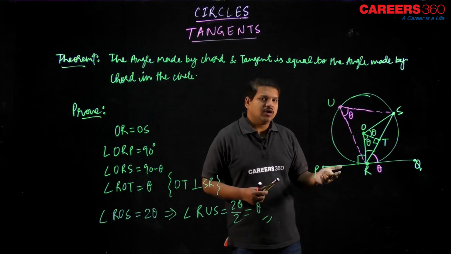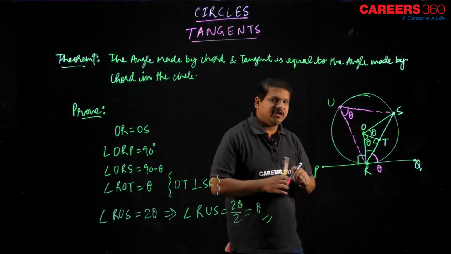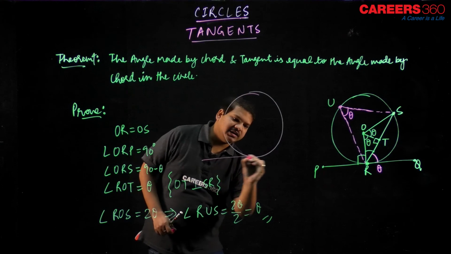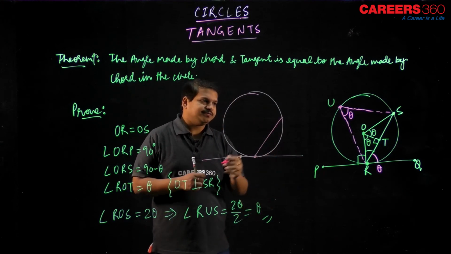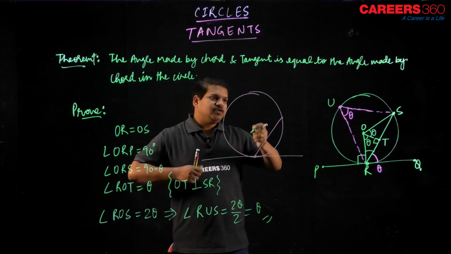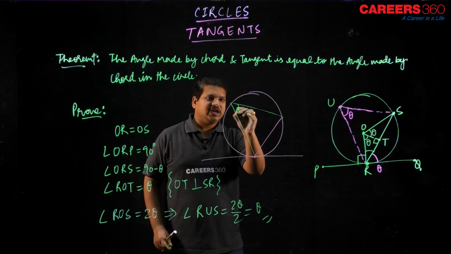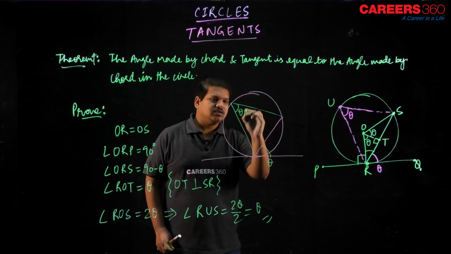There is one small result associated with that, and let me draw it in another circle. Let's say this is a circle, and again this is a tangent, and this is a chord. As I have told you, this chord is subtending this angle. If this angle is theta, then this angle is also theta.